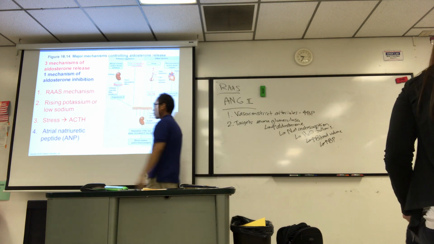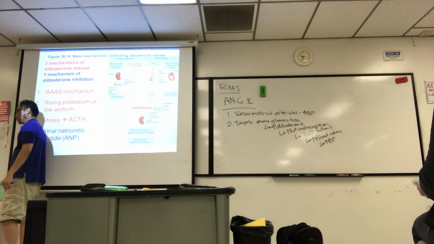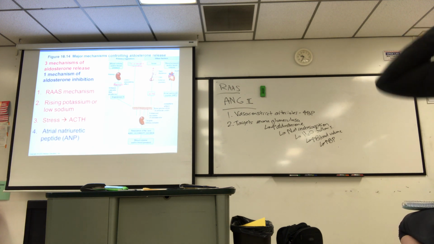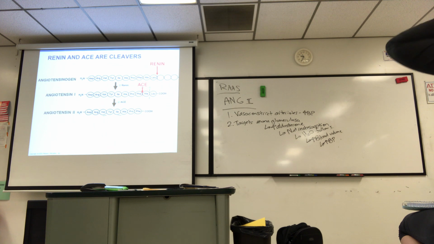So all of that, from renin to angiotensinogen, to angiotensin 1, to angiotensin 2, to aldosterone, know the whole thing. Okay, I didn't write it on the board for nothing.